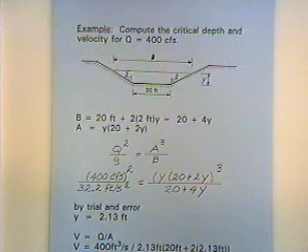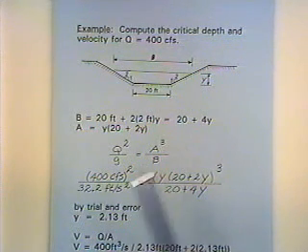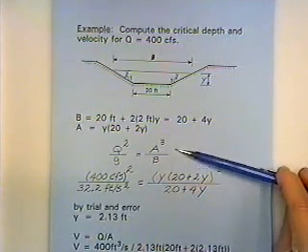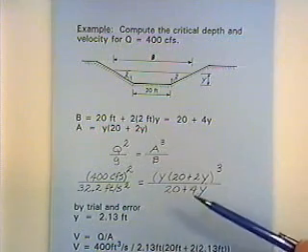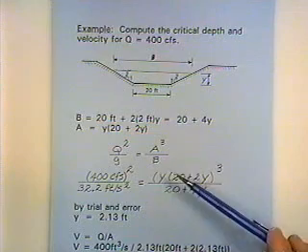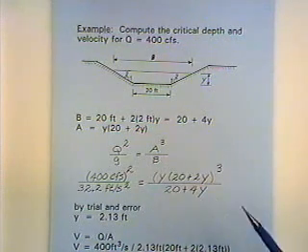That's the same channel section we worked with last time, the trapezoidal cross section with a 20-foot bottom width and 2 on 1 side slopes. We've gone through the geometry of that and have an expression for the top width and an expression for the area. Here's the equation that's derived on the previous transparency from minimizing specific energy.